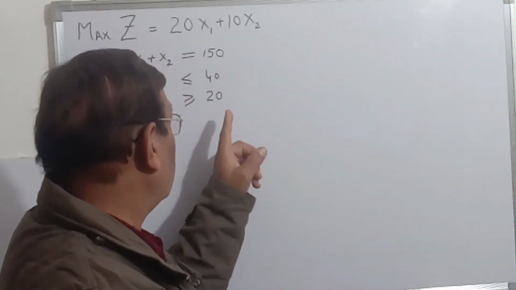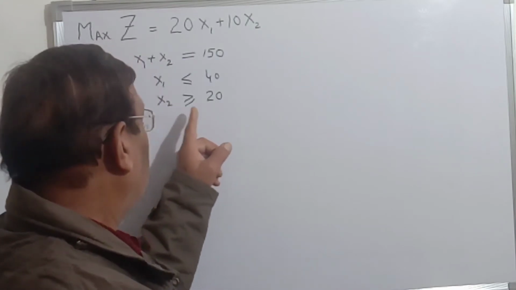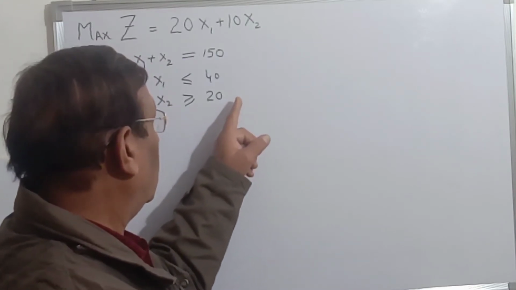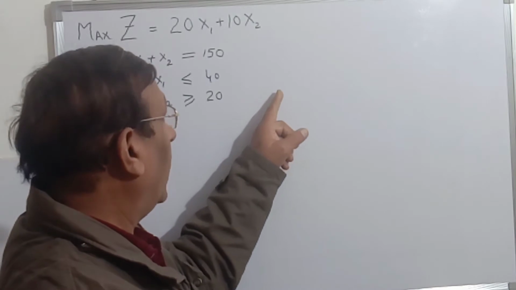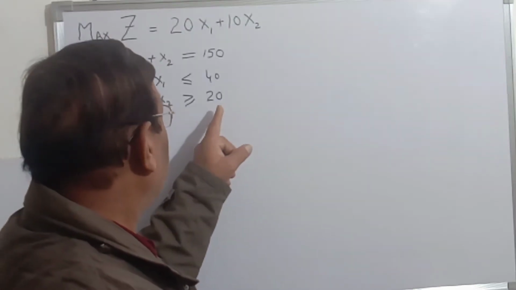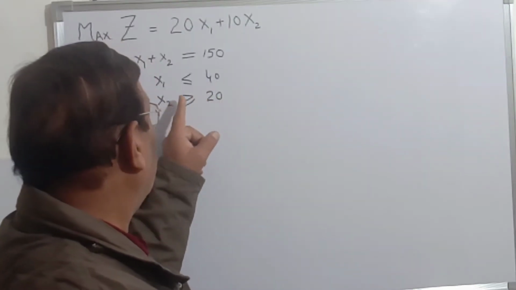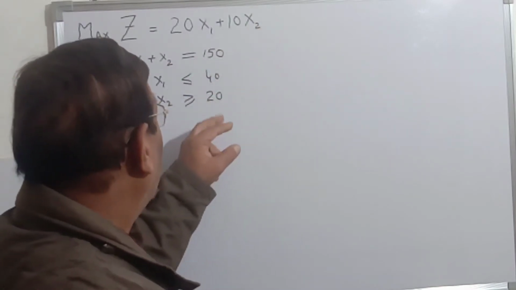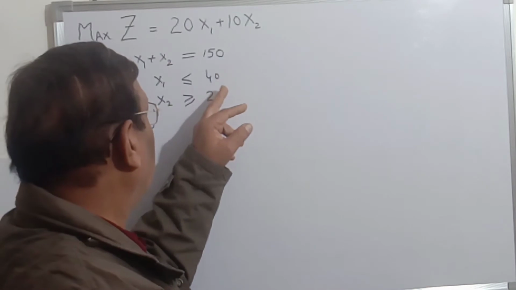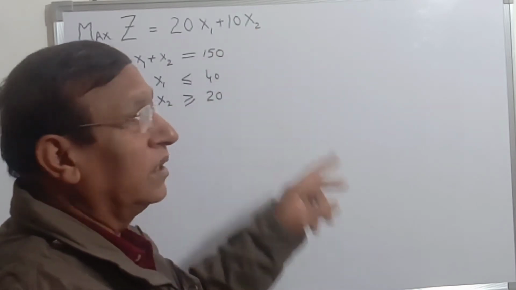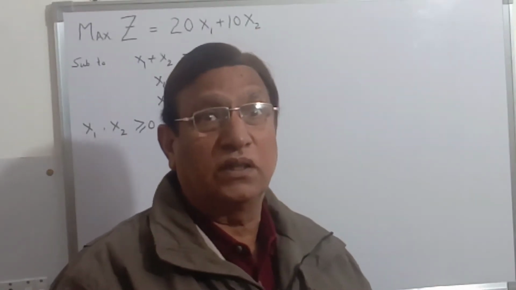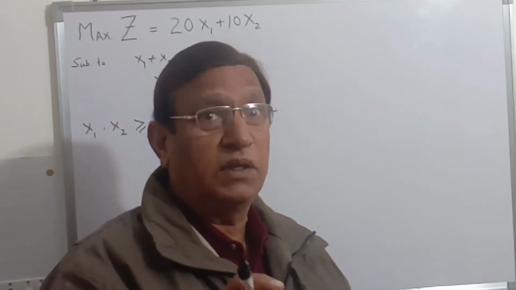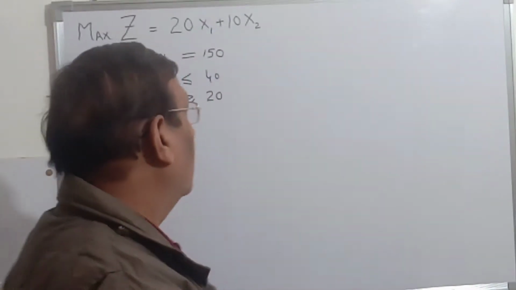Surplus variable s2 will be subtracted from this equation and the artificial variable will be added. The surplus variable and slack variable will be added into the objective function with 0 coefficient and the artificial variable will be added with minus m coefficient, where m is a very large number.